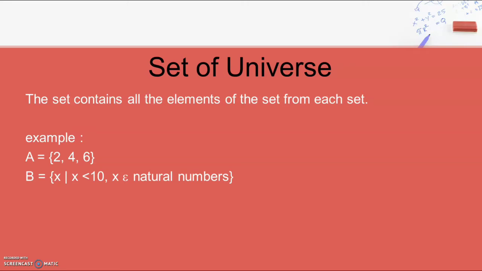Set B equals the set of X such that X is less than 10, X an element of natural numbers. Set C equals -2, -1, 0, 1, and 2. It shows that the set of universe of the sets A, B, and C is S equals the set of integers.